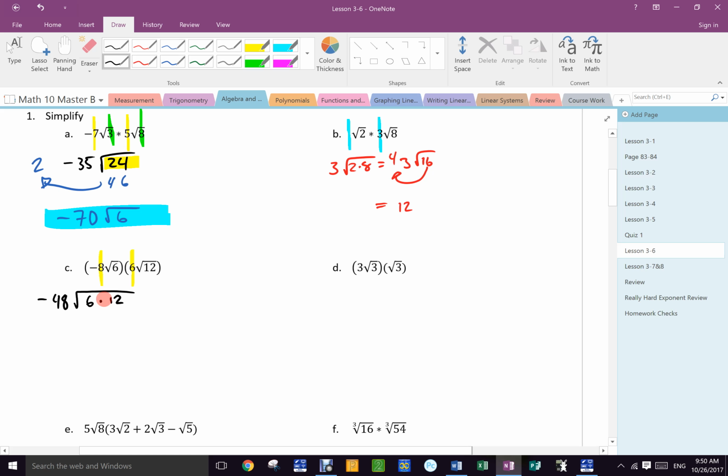So what can I do? Break it down more. That's 2 and 3, right? And that is 3 and 4, yes? Everyone agree? Okay. Why did I use 3 and 4 instead of 6 and 2? 4 has a perfect square, right? So, what do you see there? Is that a group of 2? Yeah. So what comes out? A 3.